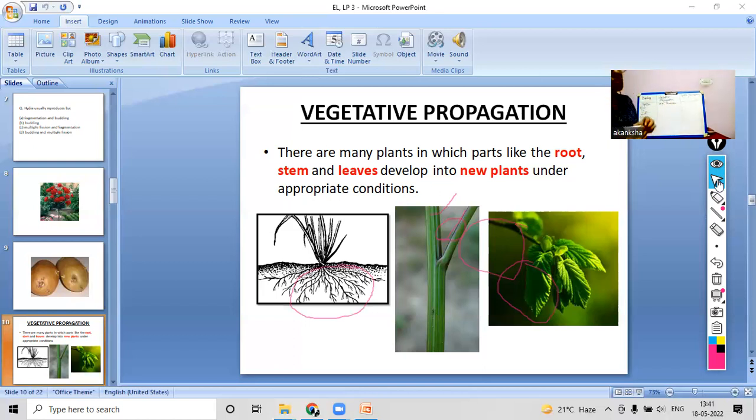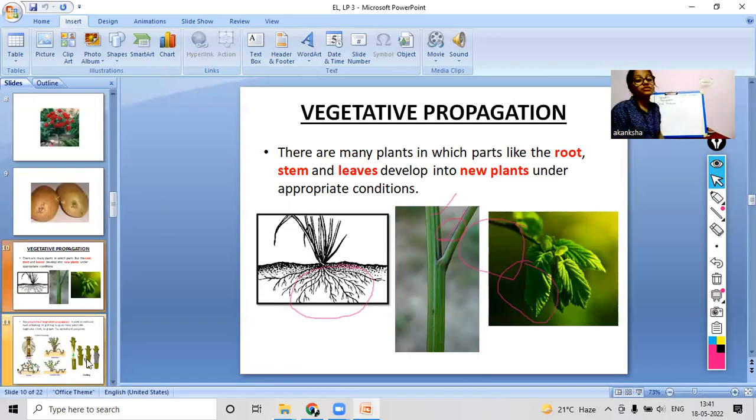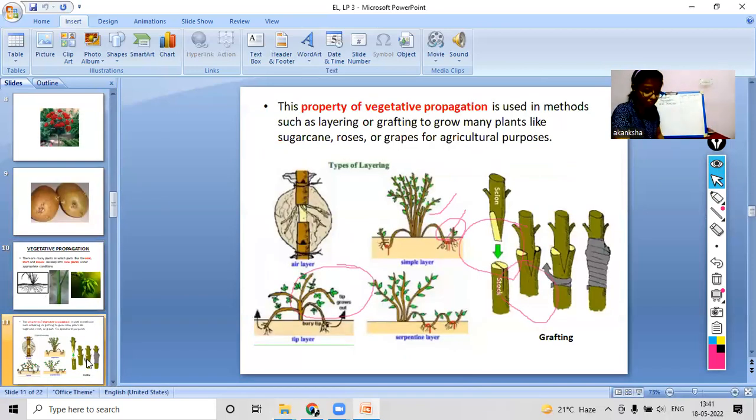Okay. Now we will move on and see some more details, like the different processes involved in vegetative propagation. This property of vegetative propagation is used in methods such as layering, as you can see in this diagram, or grafting.